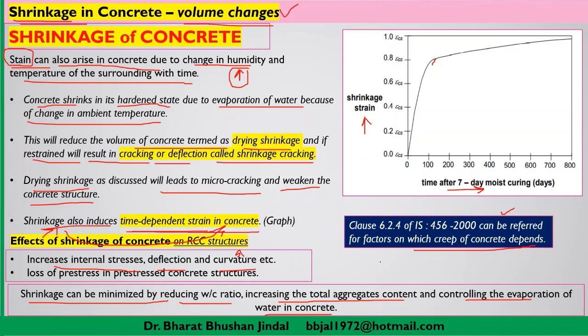Later on you will understand how evaporation of water can be controlled. That's why we use curing of the concrete. If curing is done effectively, then you can control or reduce the shrinkage effect on the concrete.